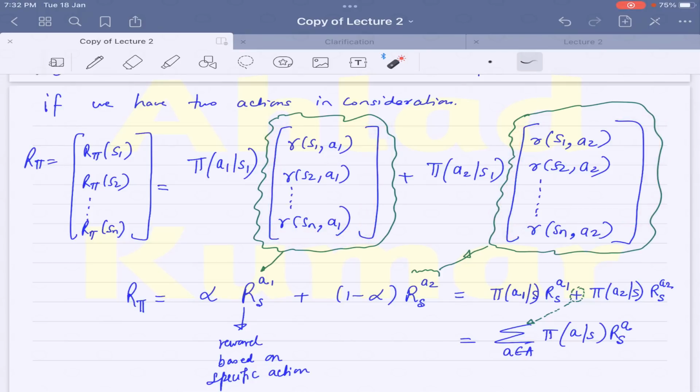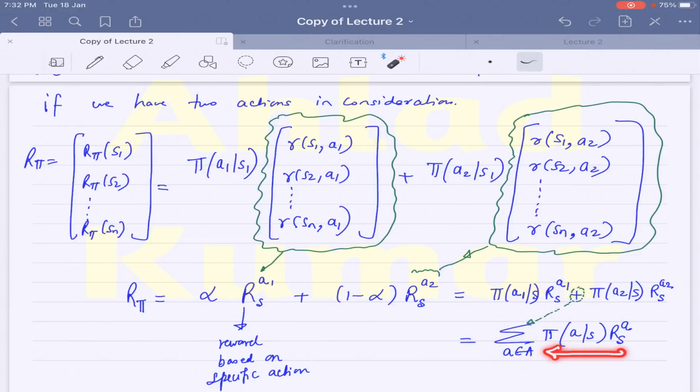So rewards will be calculated for different actions separately, and then they will be weighted by the policy factor which is given over here. So it will be multiplied by alpha and 1 minus alpha. And you can write this in generalized expressions like this, where this summation is basically for all the actions. In this case, we are taking only 2 actions, but if there are n actions, then this summation will be represented by this summation, which is a generalized one.